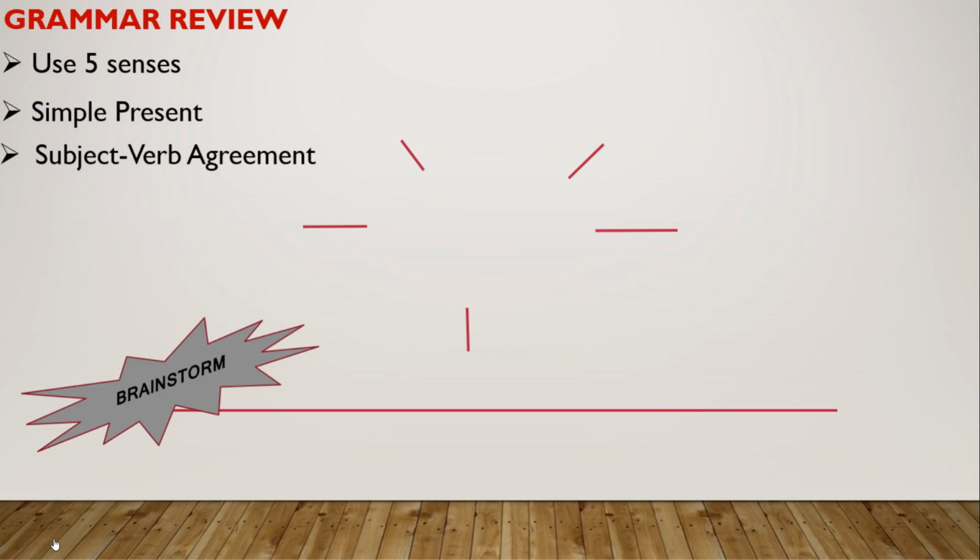There is not too much going on in regards to simple present. Only first person and third person conjugate differently and everything else stays the same, okay? So you want to make sure that you don't carry these mistakes into your higher levels, okay? So this is our grammar review regarding our descriptive paragraph.